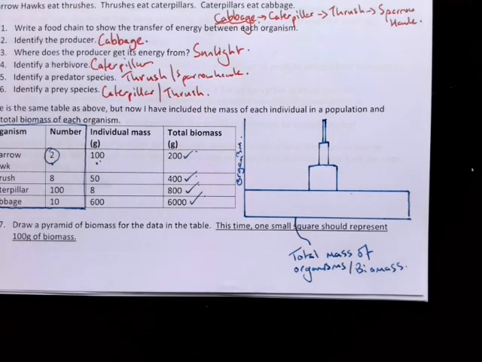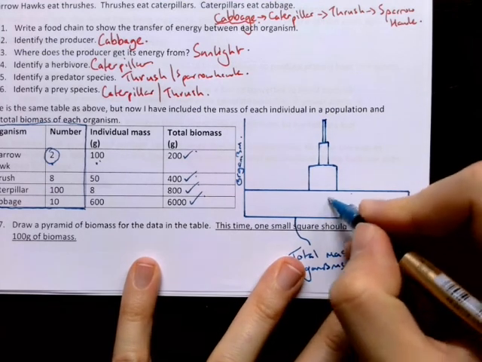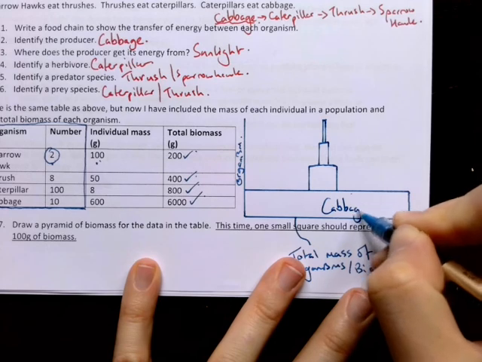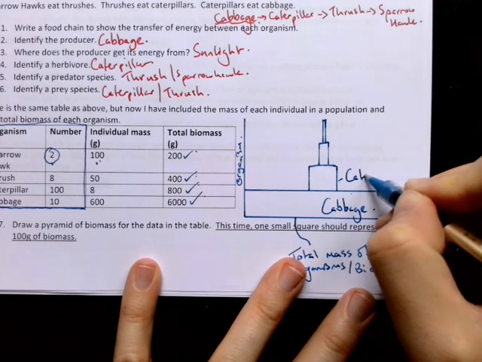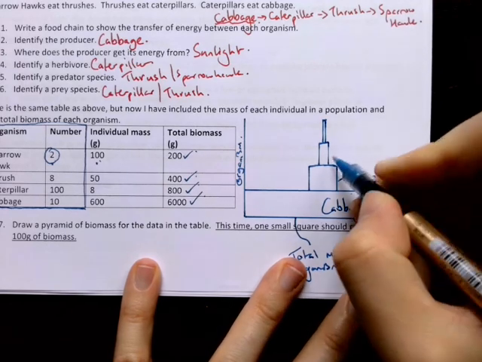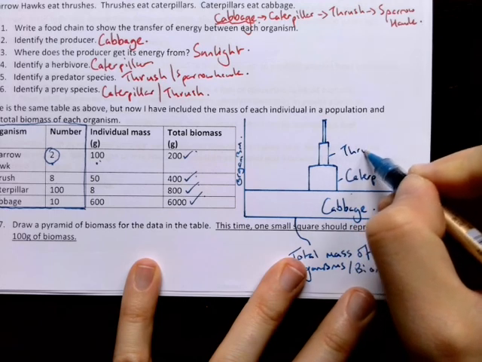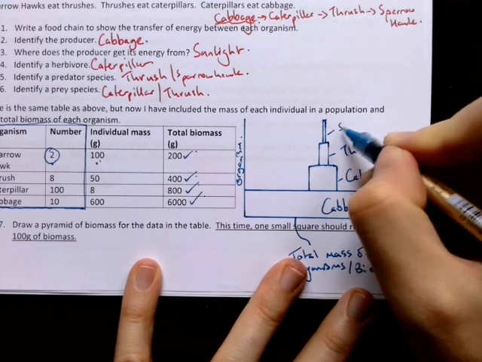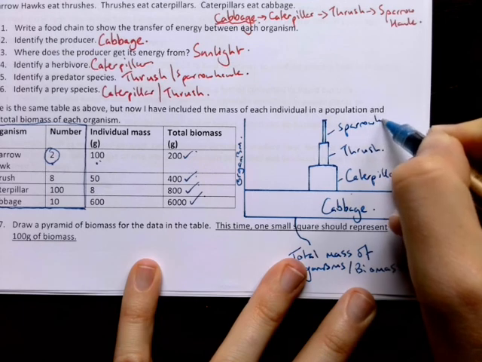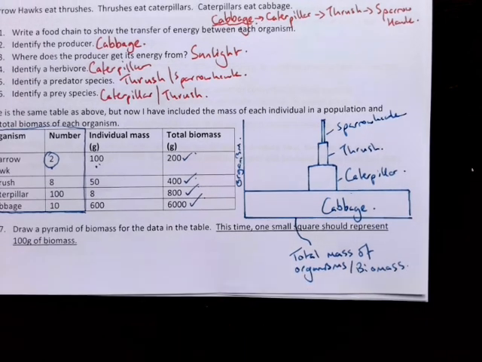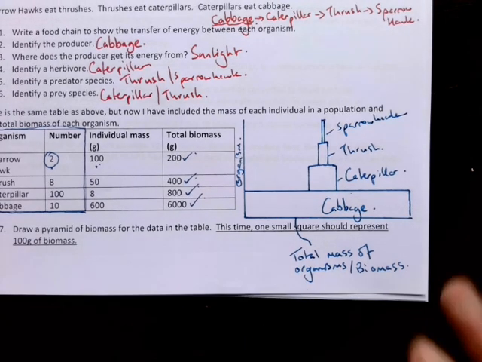All right, and we label it again. So this will be our cabbage, caterpillar, thrush, and sparrowhawk. Okay, and you can see that this now looks much more like a pyramid.